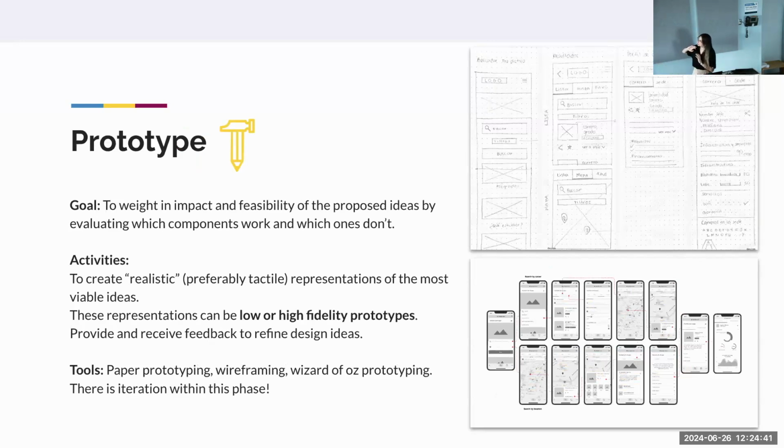I wanted to illustrate what traditionally prototypes look like when you're working on digital interfaces. So these are called wireframes, and these are pretty much sketches of how you envision the experience to look like and the different screens or the different steps that you're expecting your user base to go through.